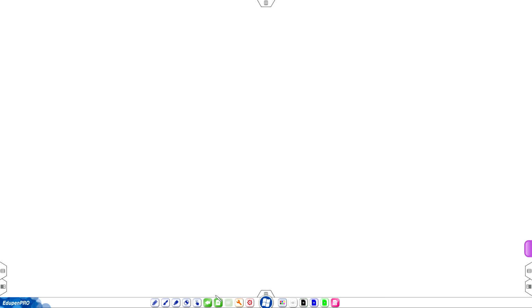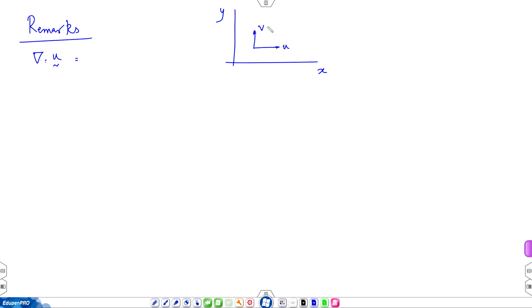The second is, let us work in Cartesian coordinates, where the x and y components of velocity are u and v.